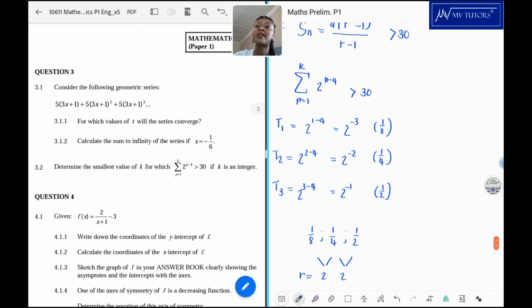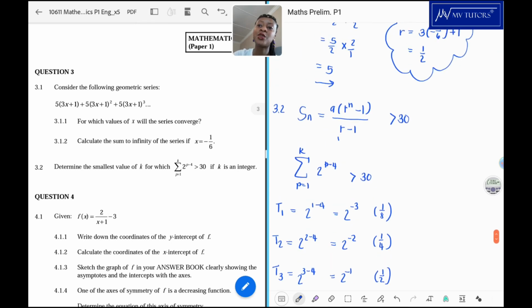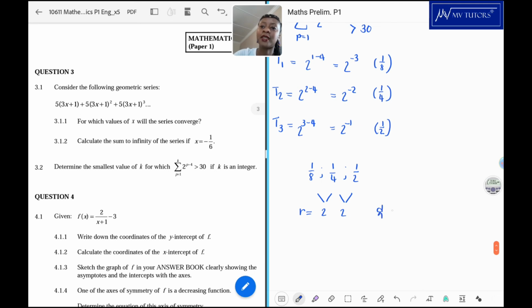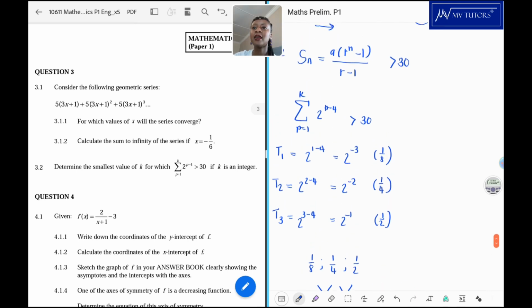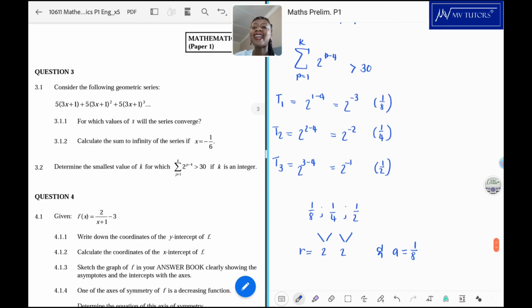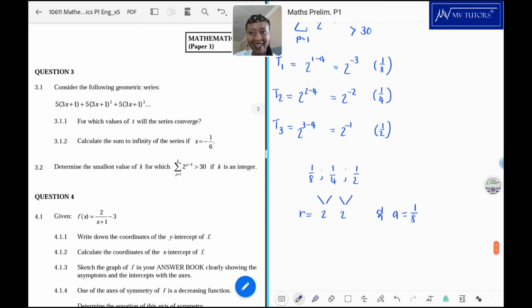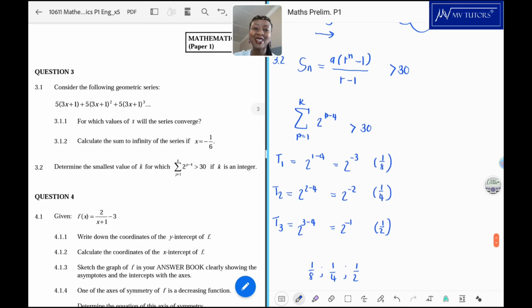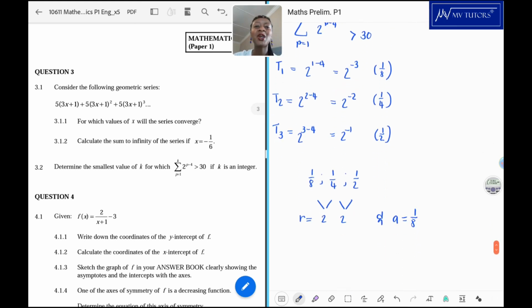Because you can see in your sum formula, you need to get r. Okay, so r is 2, and our first term, we have worked it out, is actually 1 over 8. So we have a. And now, how do we get n? If you watch the video for question 2, you'll see how we calculate n.